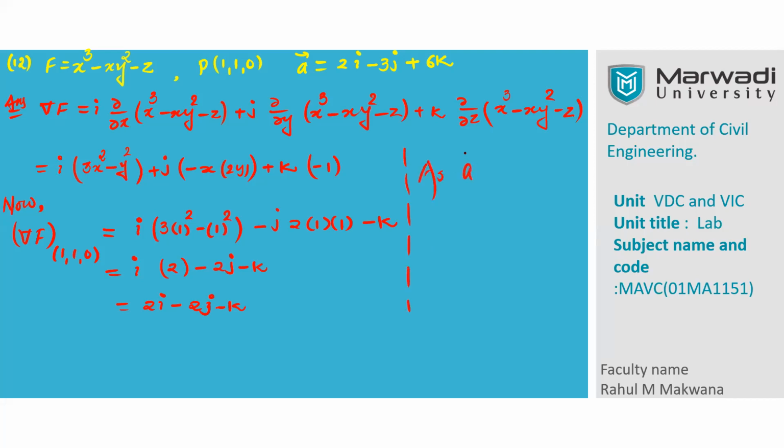Now, as vector A is 2i minus 3j plus 6k, the magnitude will be the square root of 2 squared plus 3 squared plus 6 squared. It is the square root of 49 and hence the magnitude is 7.